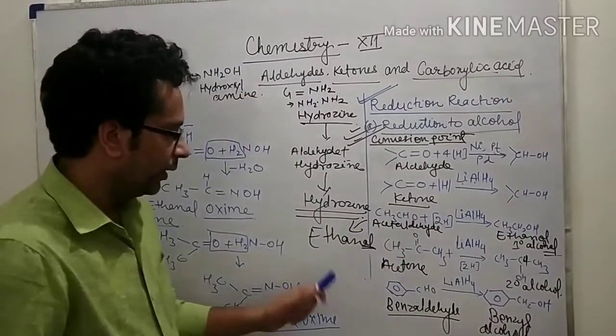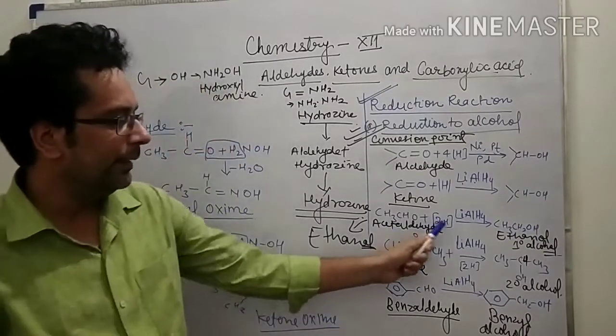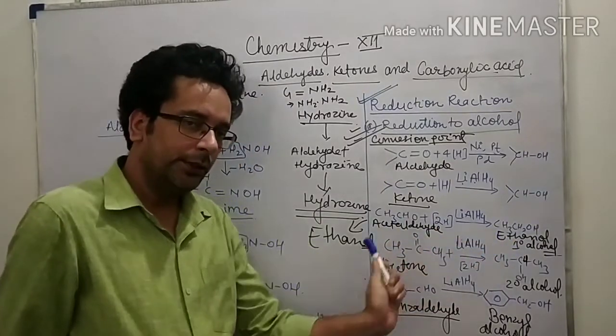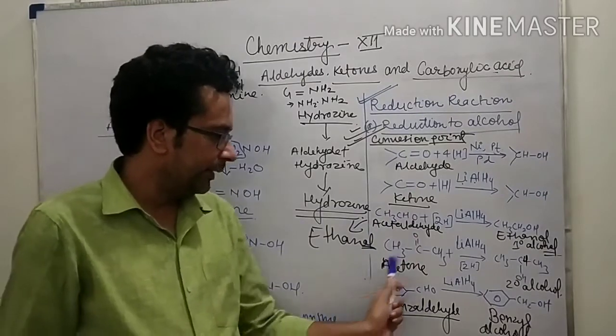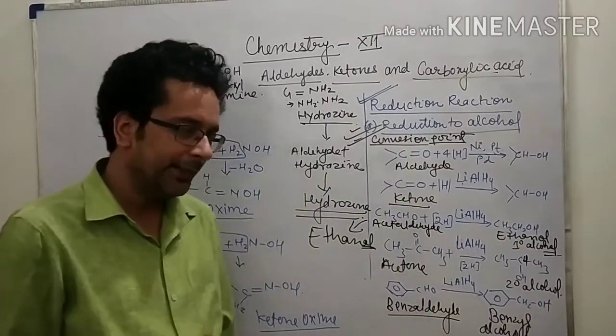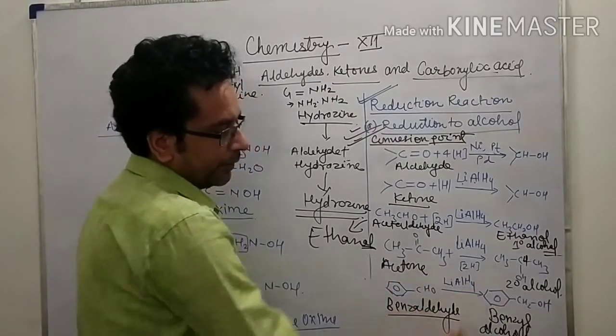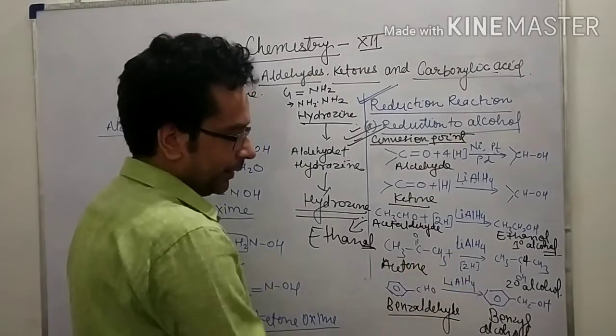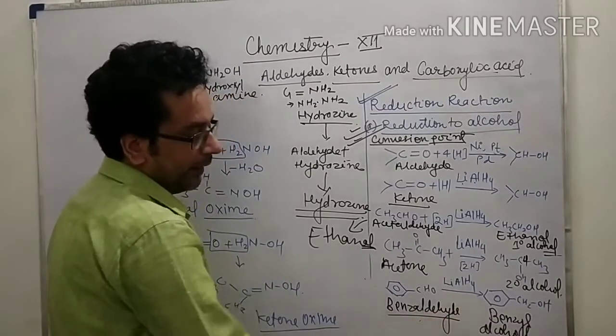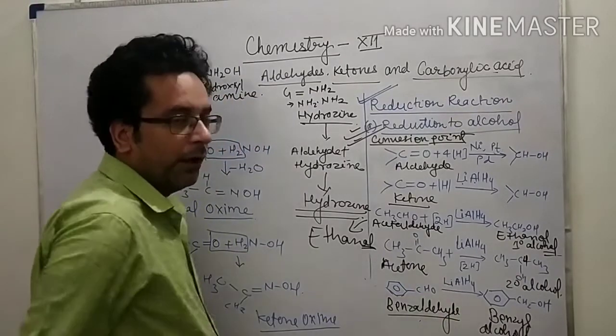So how can you convert acetaldehyde into ethanol? By the reduction method in the presence of lithium aluminum hydride. How can you convert acetone, that is propanone, to a secondary alcohol? By reduction. Benzaldehyde changes into benzyl alcohol by the reduction method.